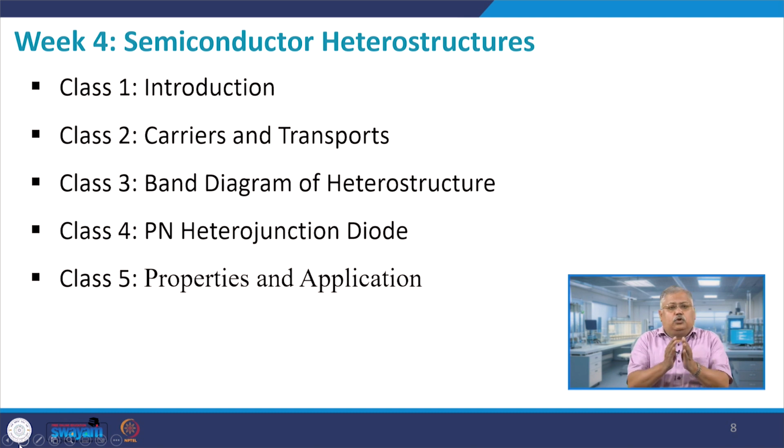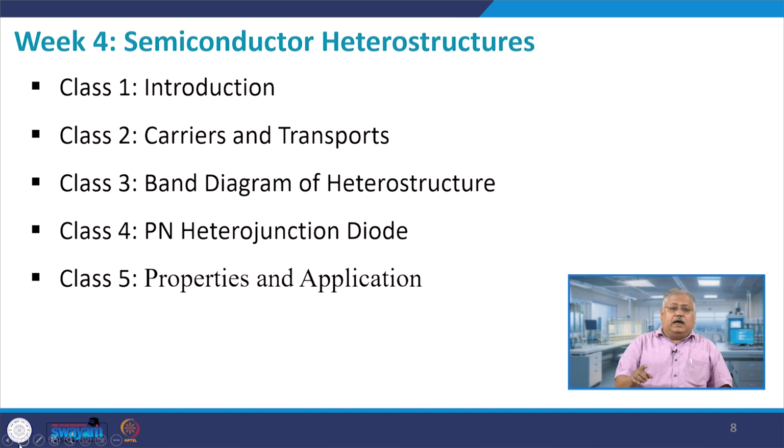It is not only two materials, there may be multiple materials sandwiched with respect to each other, and therefore, we will study its various properties in terms of carrier transport of the devices, which means that in a heterostructure, if we apply a bias, how the carrier moves from point A to point B will be discussed in class number 2.